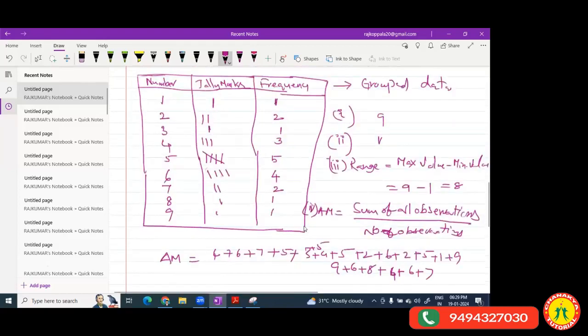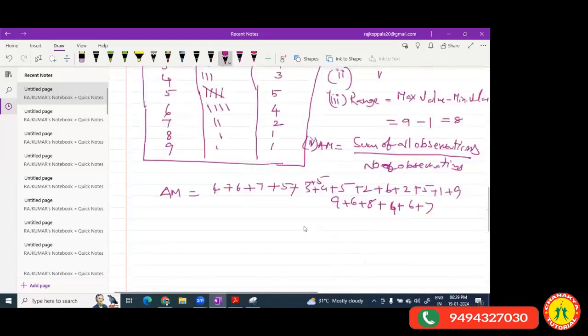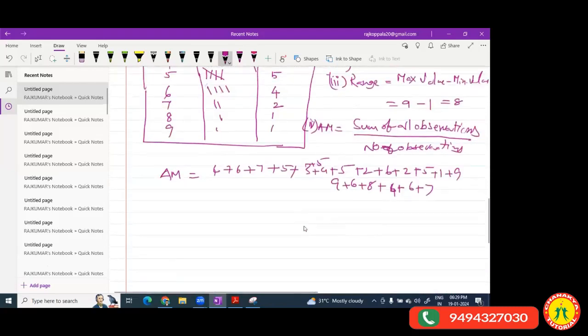Okay. Now, divided by how many numbers in total? 1, 2, 3, up to 16, and so on, 20 are there. So divided by 20. Now add and tell me how much total you got.